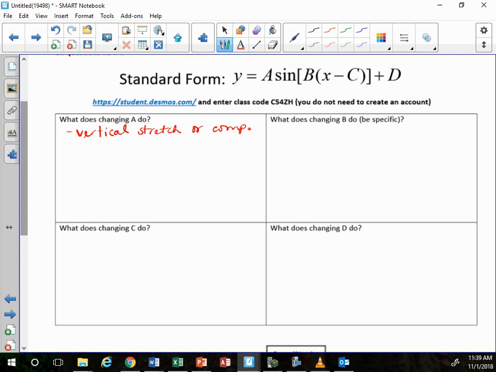And what if A happens to be negative? Reflection over the x-axis.